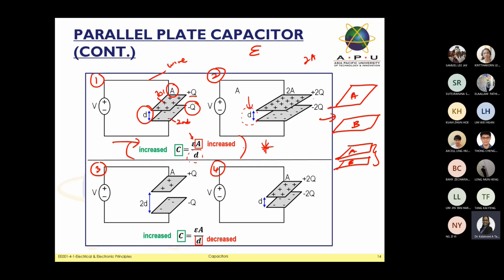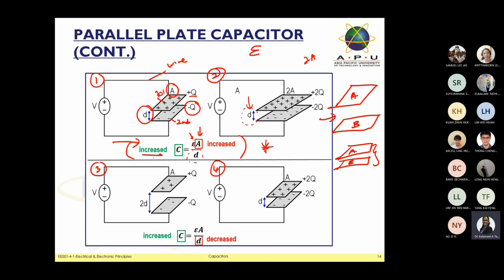Okay, what will happen? In this part, they try to connect your value of capacitance with the area. When the value of your capacitance increases, it means the value is higher. That's why they use the word increase. At the same time, look at the area. When the area gets bigger, indirectly the value of your capacitance is going to increase.